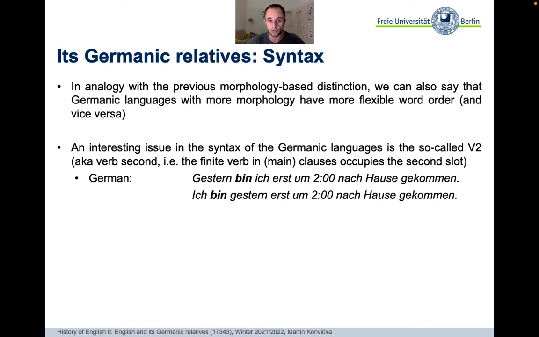The finite form of the verb bin is here in the second position. Also, if I sort of change the sentence a bit, I'll get something similar. Ich bin gestern erst and so forth. Again, the finite form is in the second slot.